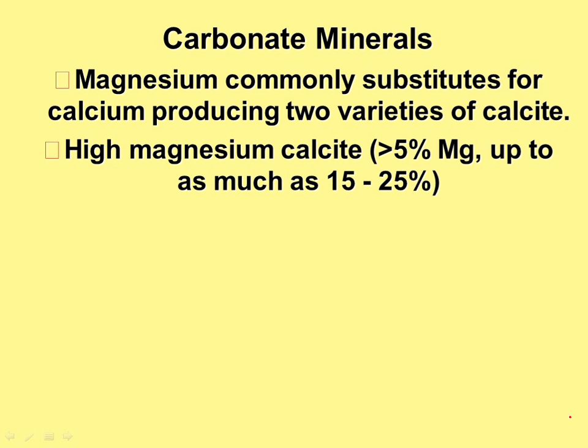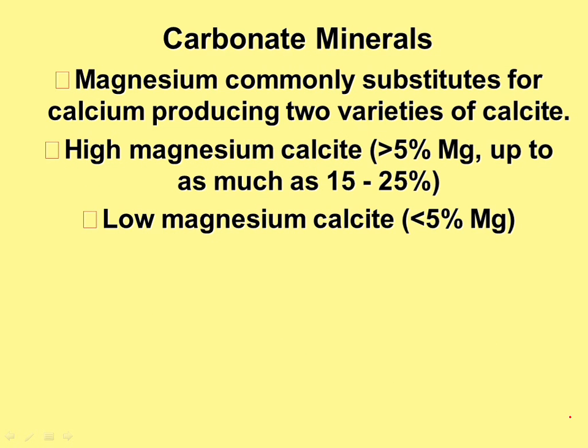You have what's known as high magnesium calcite, which contains a little bit more than 5% of magnesium, up to as much as 15, 20, 25% magnesium. And then, as you would suspect, there must be something known as low magnesium calcite, and that is the form of calcite that has less than 5% magnesium present in its structure.